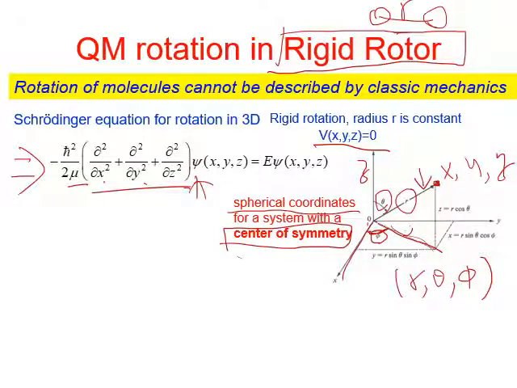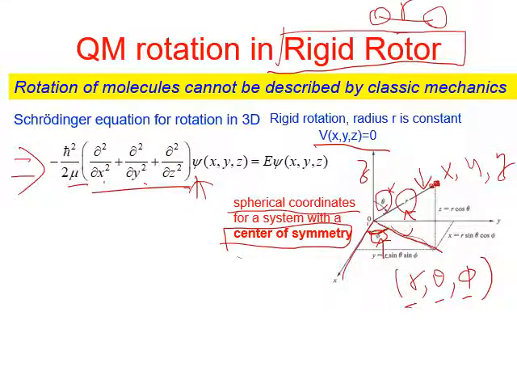If we know r, theta, phi, then the point in 3D space is defined.